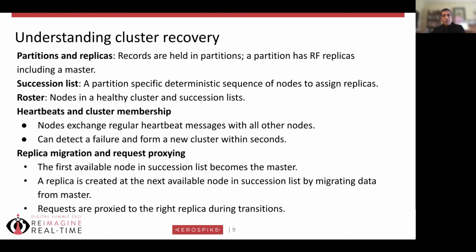So when there's a failure and the master is migrating or a new replica is being created, the requests are still being proxied to the right node. So the partition remains available during that period, and that's a very important property.